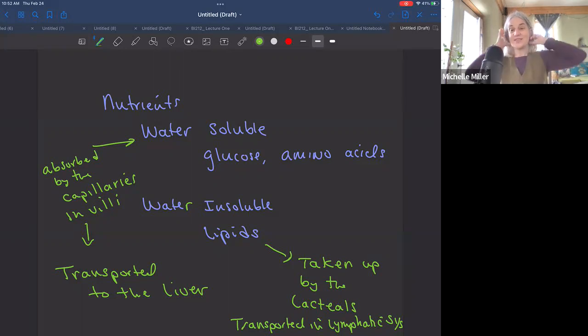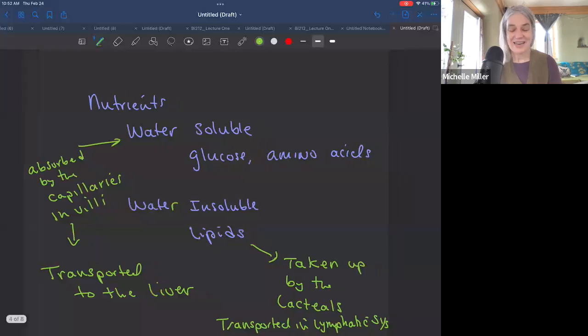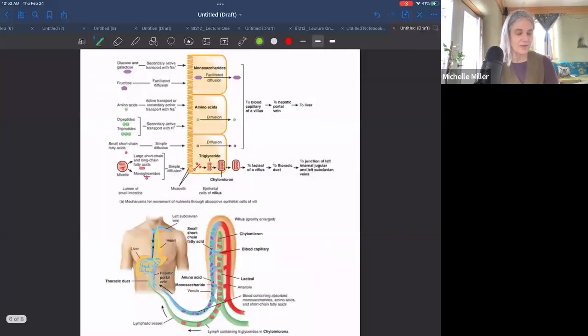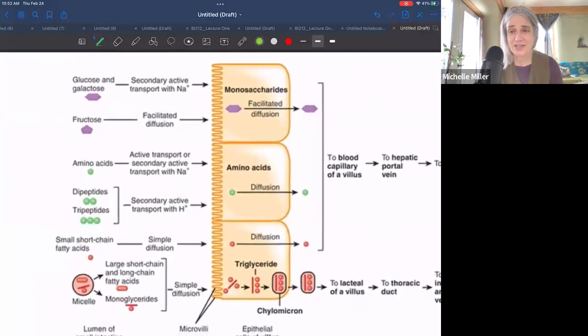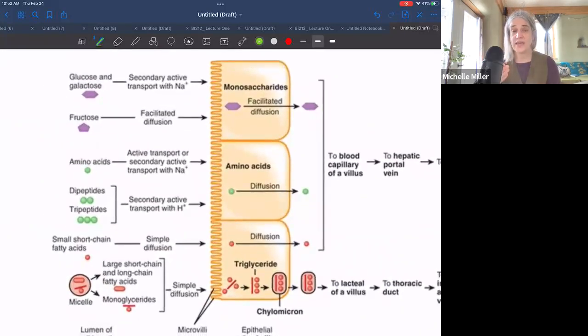So this is just the two different ways that the nutrients are dealt with and absorbed by the small intestine. Let's look at a diagram that shows this from your textbook. You don't need to learn the different ways that nutrients travel, but fructose and glucose can just move across, but notice that they actually have to go into the cell and then out of the cell.